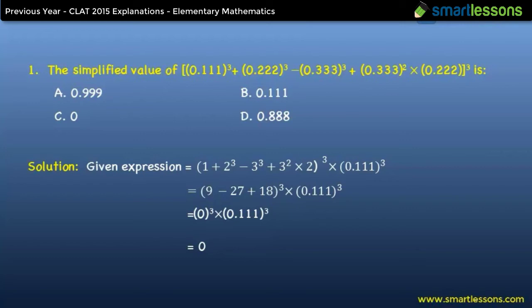Now further you can simplify. As all the terms have 0.111 whole cube as common, you can take it out.